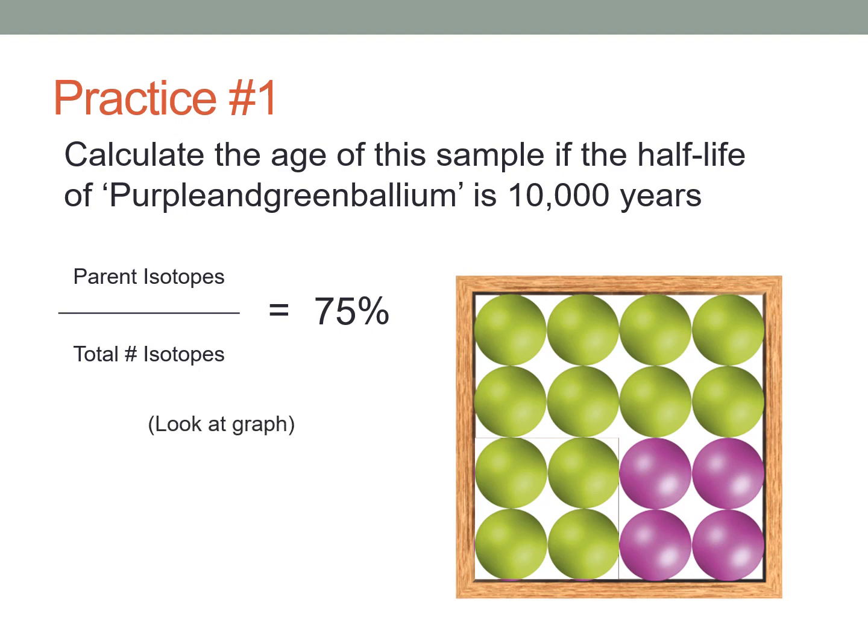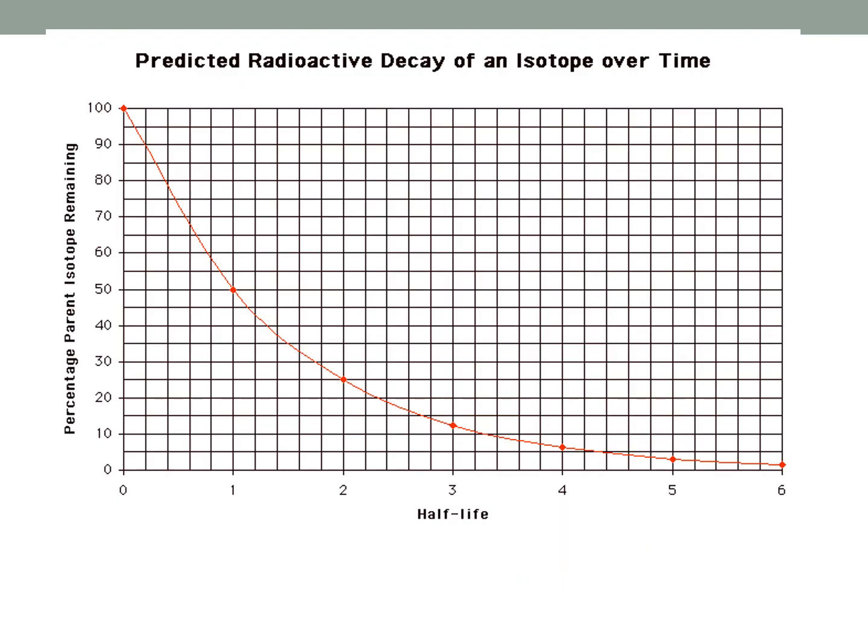We can then take a look at our graph to figure out how many half-lives we've been through. Okay, so real quick, let me remind myself. Our half-life of this was, oh, it's not letting me go back. Okay, so anyways, we have 75%.